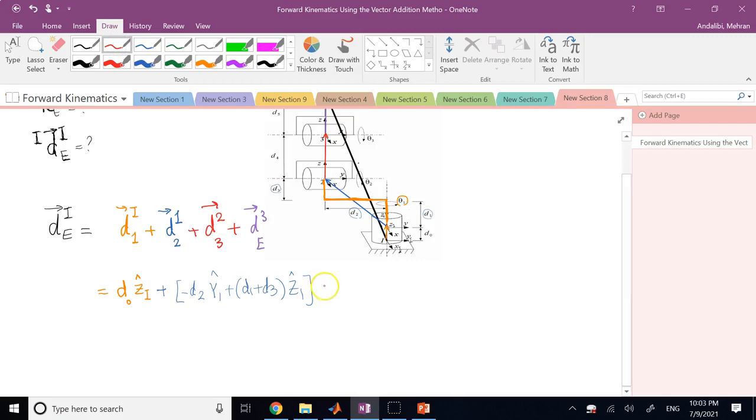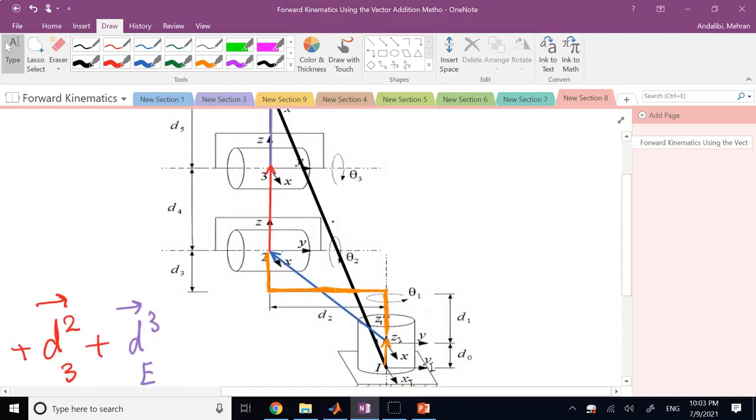And then plus what? Now I go over the red vector, which goes from origin of 2 to the origin of 3. As you can look at it, it is d4 units in the direction of this guy here, and this one is z2. So this is z2, y2, and x2. So this is d4 units in the direction of z2, which is already affected by angle theta 1.